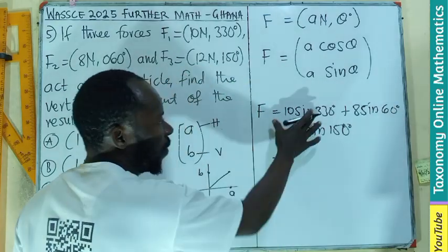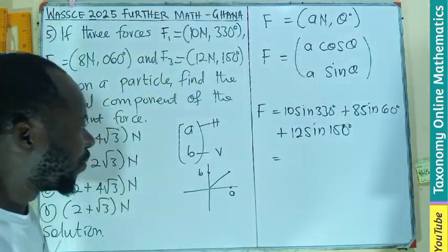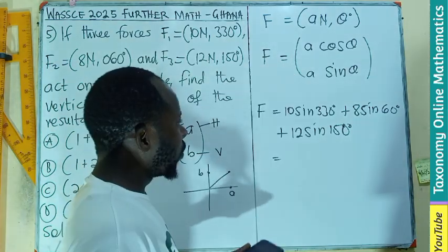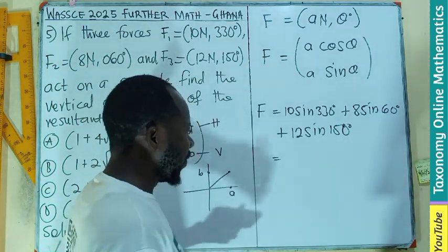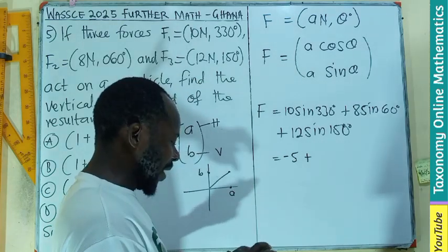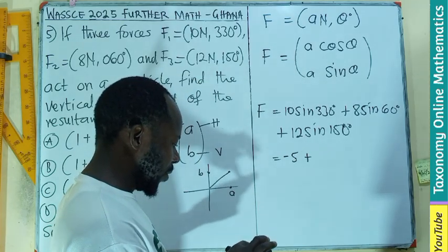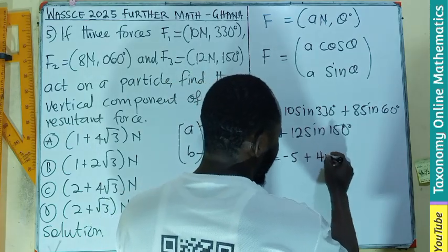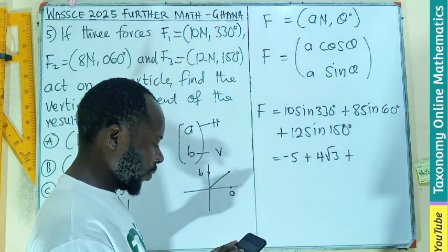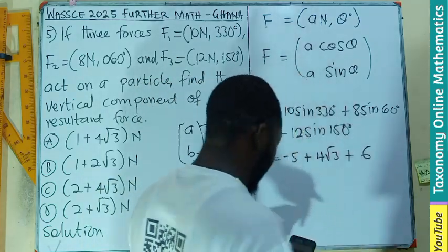So if we resolve each of them and add them, we have the resultant force. Let's check that on our calculator. The first part will give you -5. Then the second part will give us 4√3. Then the final one will give us 6.